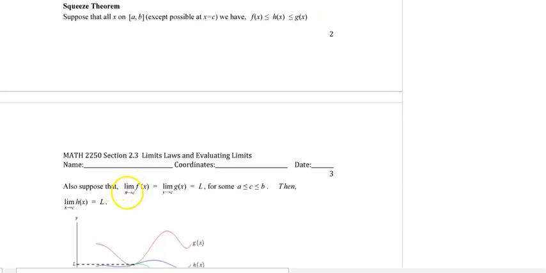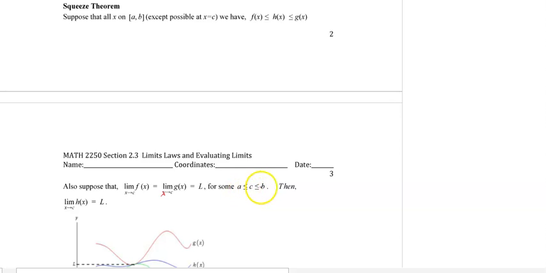Suppose that the limit as x approaches c of f of x is equal to the limit as x approaches c of g of x equals L. So the limit of the upper function is equal to L. The limit of the lower function is equal to L for some a less than or equal to c less than or equal to b.